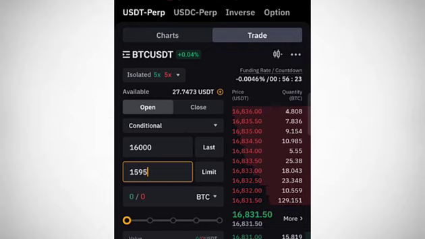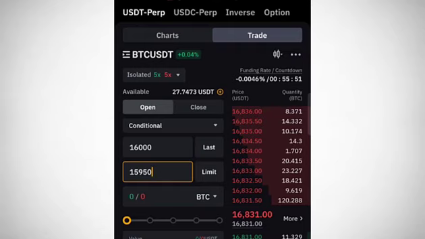So what I've actually done is, because I'm planning to take a short position with a conditional order, if Bitcoin continues falling and gets to $16,000, I want Bybit Exchange to open a short position for me at 15,950, because I believe that if Bitcoin gets to $16,000 and gets to 15,950, we could be seeing Bitcoin around 15,400, 15,300, which will give me profit on a short position.